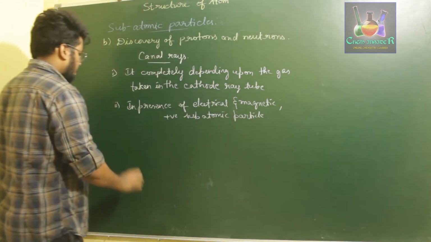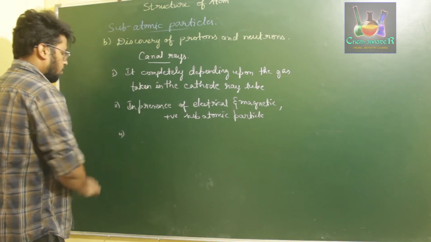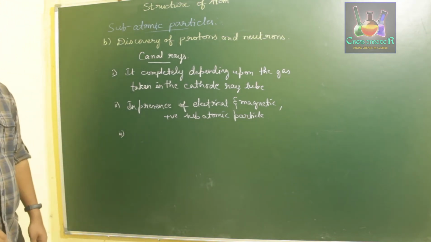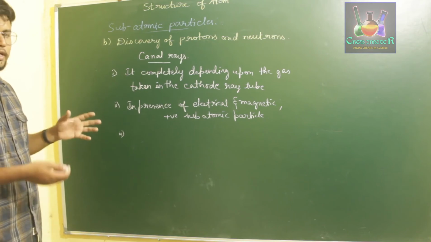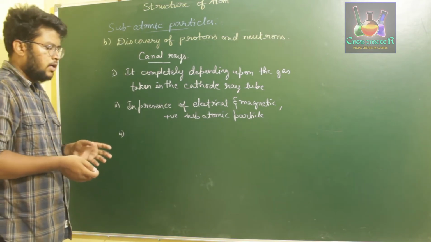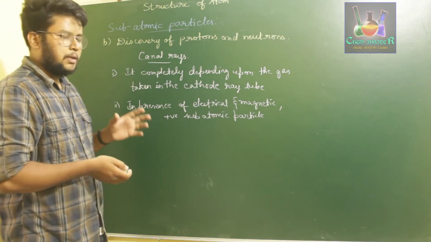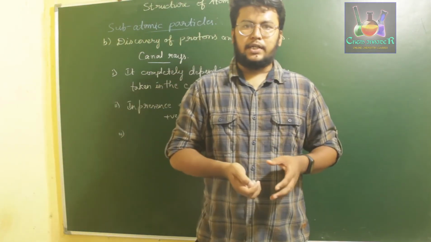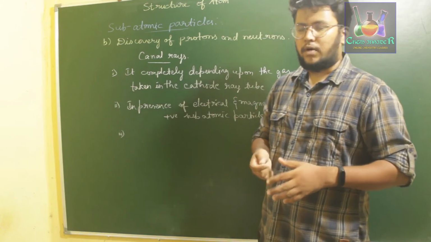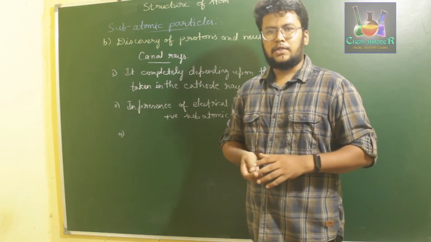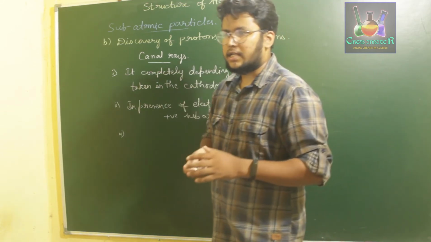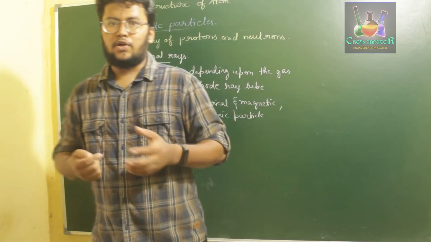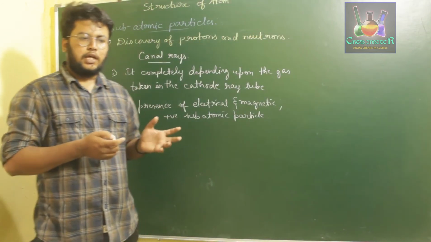And further, they were completely dependent upon the origin of the gas molecules. If you are considering a gas molecule taken in a cathode ray tube, then the positive nature of that molecule was said to have some fundamental quantities, and those fundamental quantities depended completely on the origin of the gas you have taken in the cathode ray tube.